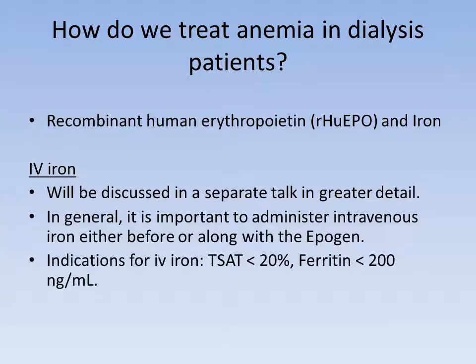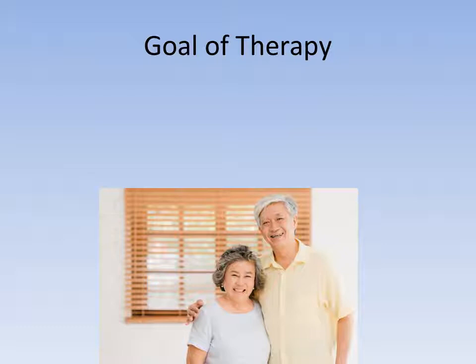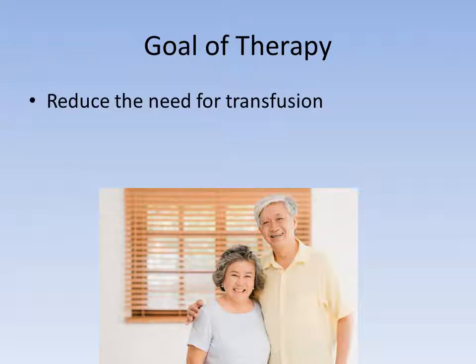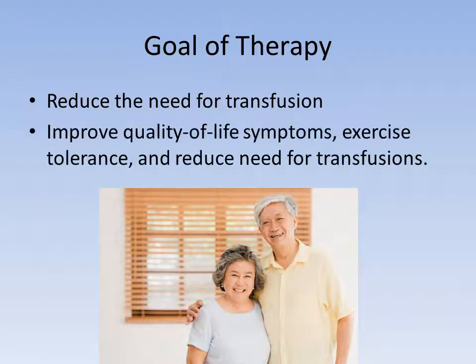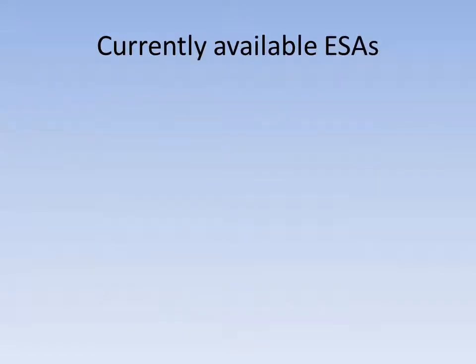Indications for intravenous iron include a transferrin saturation of below 20% or a ferritin of less than 200. Okay, so the goals of therapy: reduce the need for transfusion and improve quality of life, symptoms, and exercise tolerance.